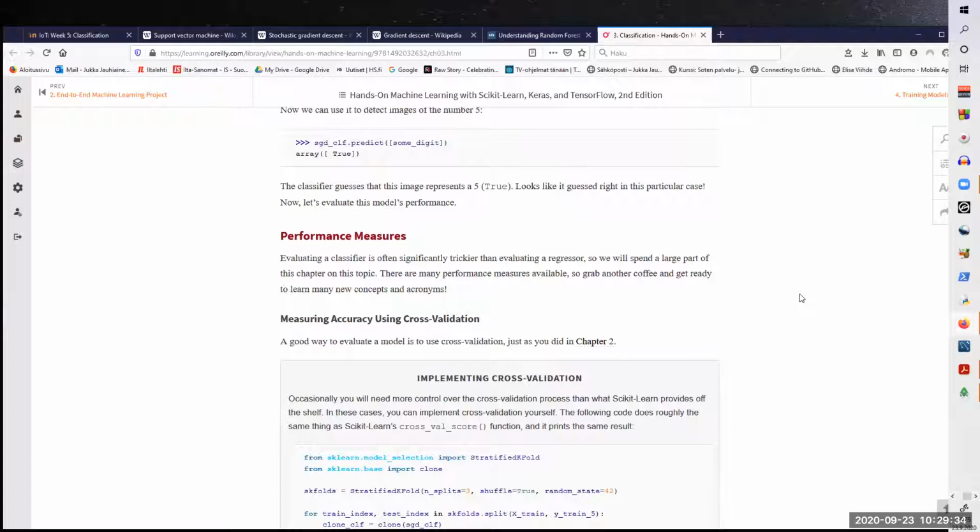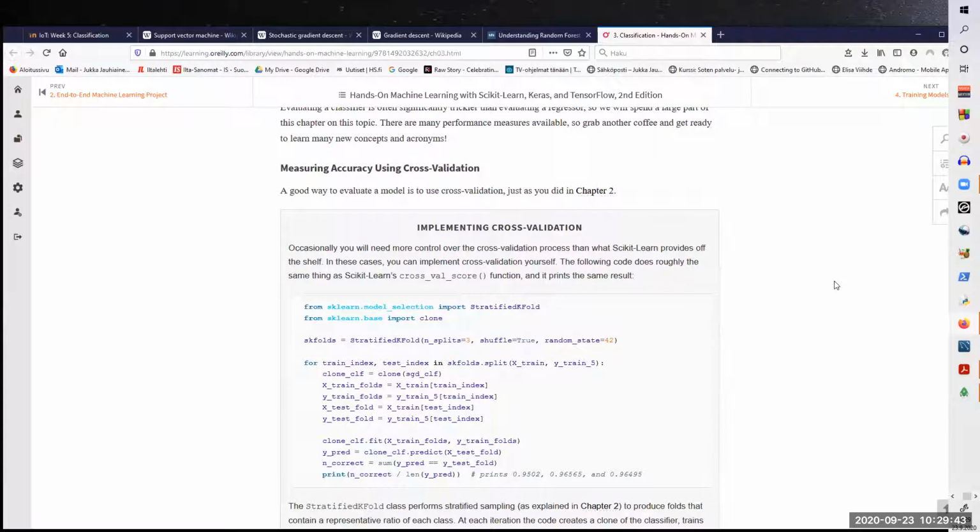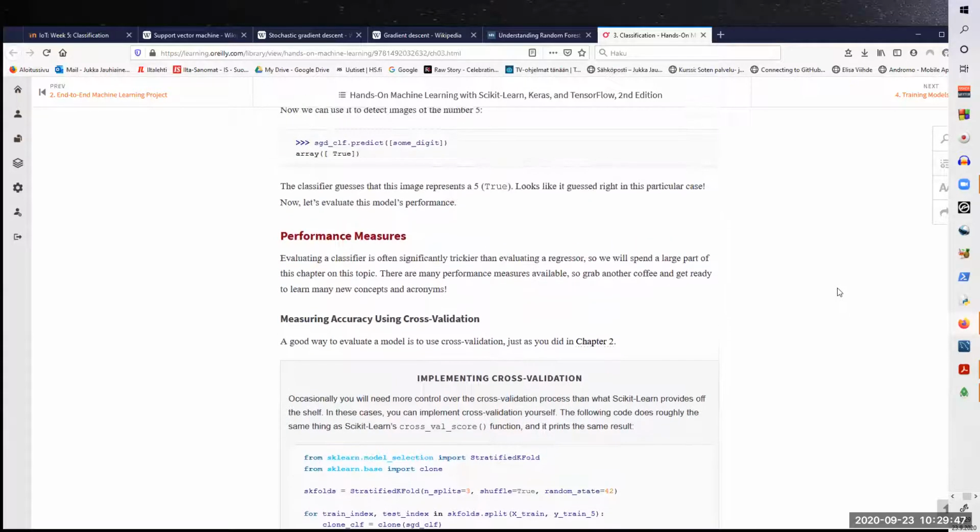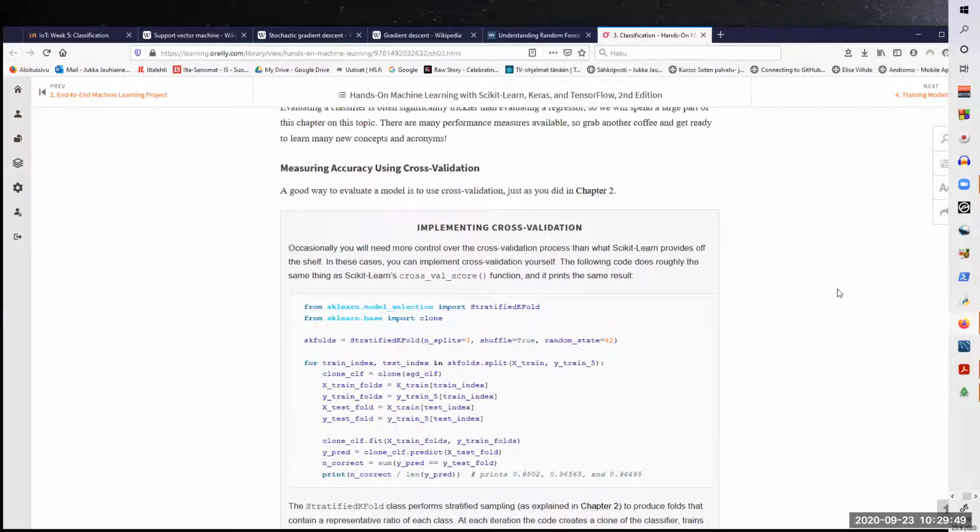Otherwise, it of course gives false. And then there are methods to validate the accuracy of our predictions or classification.